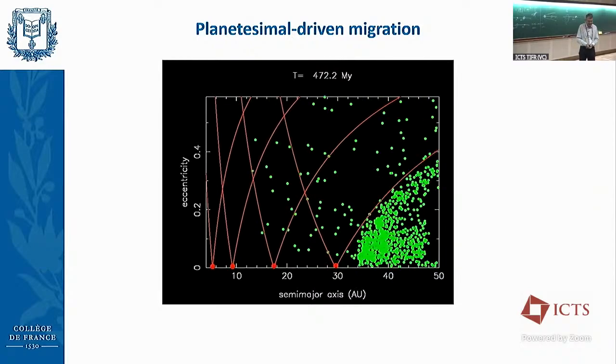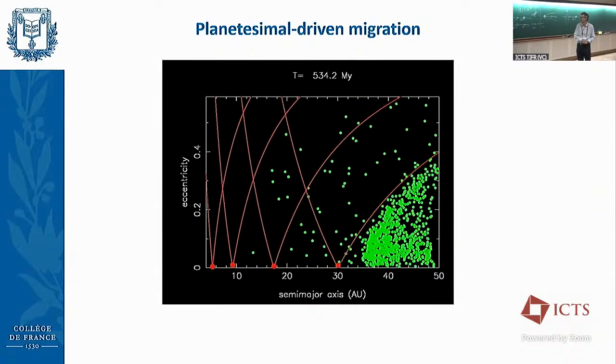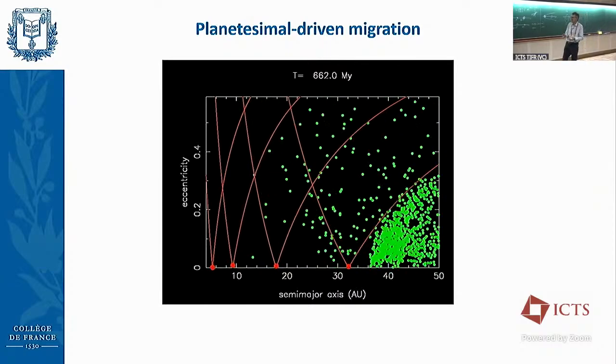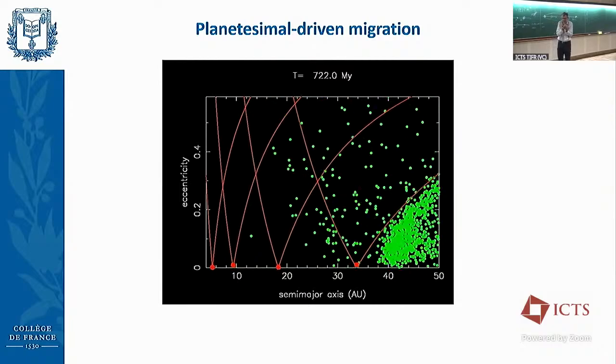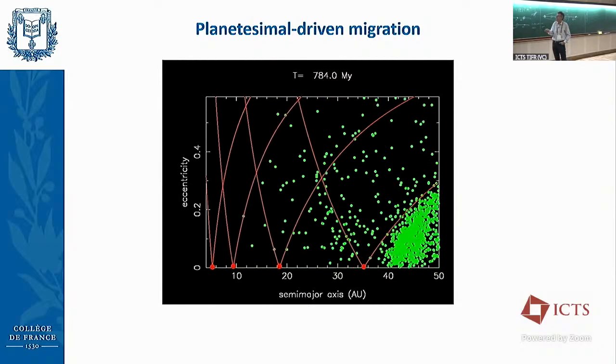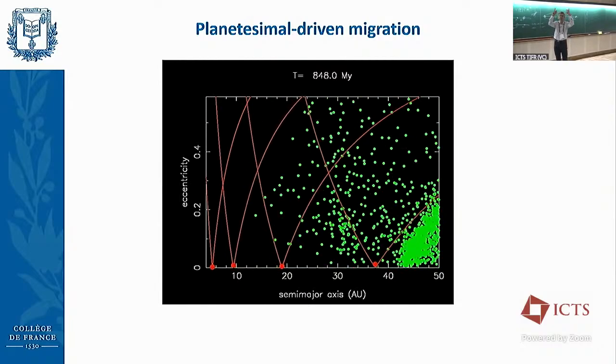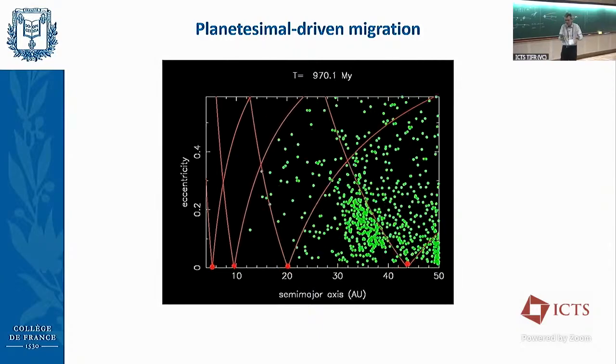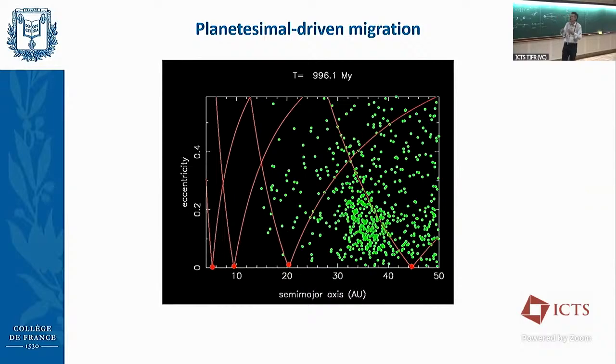And so this is the idea that Chatterjee and collaborators had to explain the lack of resonant chains, because initially you have a resonant chain, but if there are still planetesimals around, and this is a big if, it depends how these planets formed and migrated, we don't know. But if somehow planetesimals were around, this is an inevitable process.